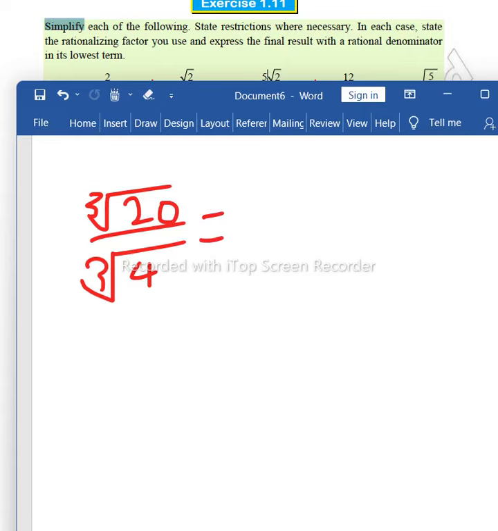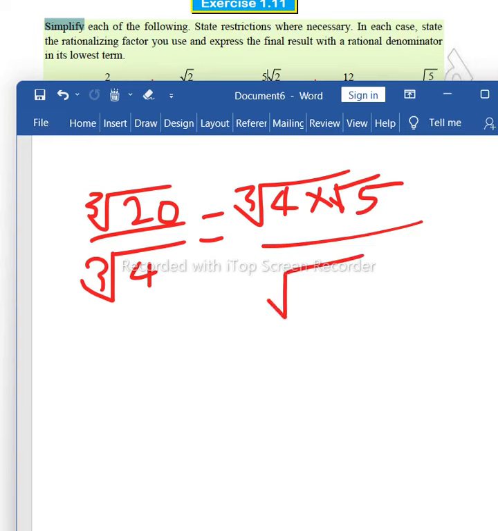Cube root of 20 means cube root of 4 times cube root of 5, over cube root of 4.